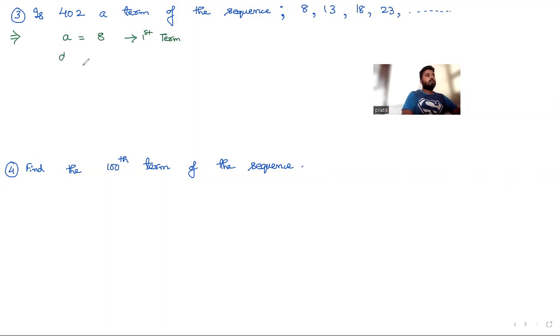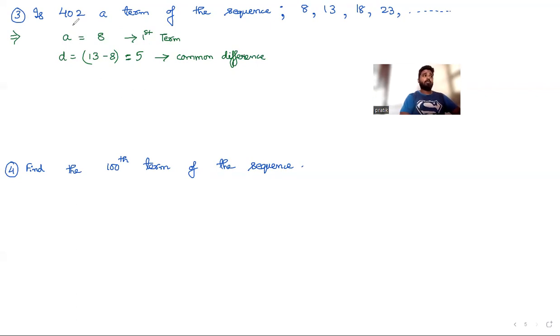What's the common difference? D is equal to 13 minus 8, which is 5. That's my common difference. So I have my first term and my common difference.